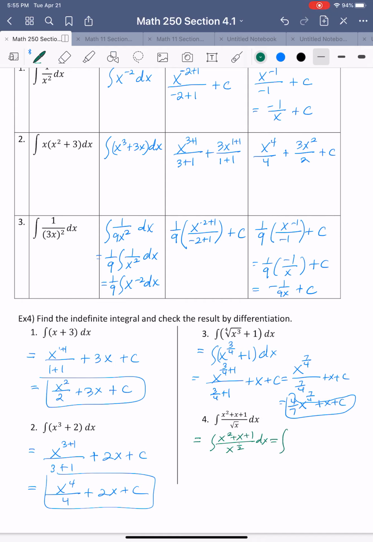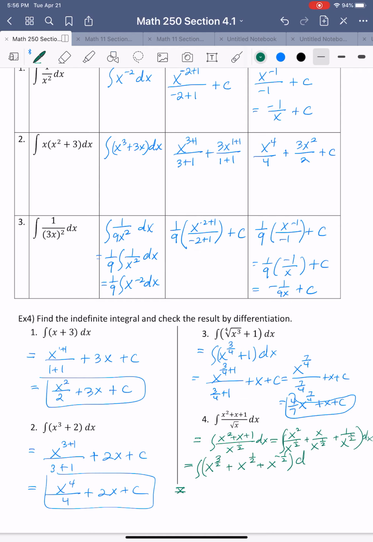Then split it into x squared plus x over x to the 1/2 plus 1 over x to the 1/2 dx. Using exponent rules, you get x to the 2 minus 1/2, which is 3 over 2, x to the 1 minus 1/2 is 1/2, and 0 minus 1/2 is negative 1/2, dx. Now you can use the power rule.